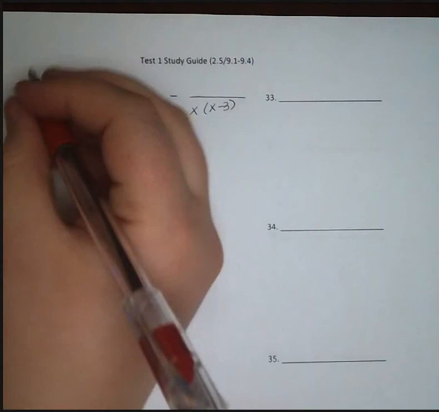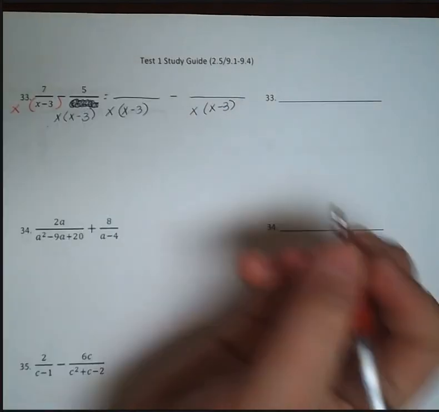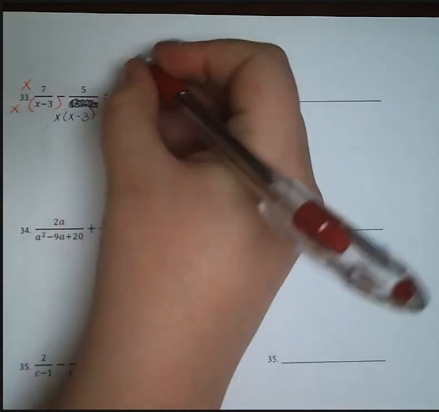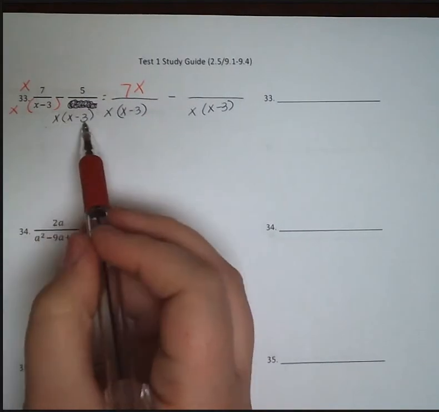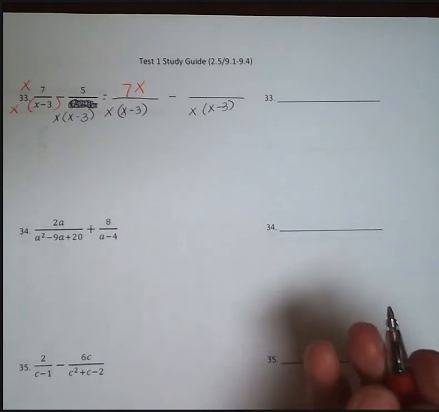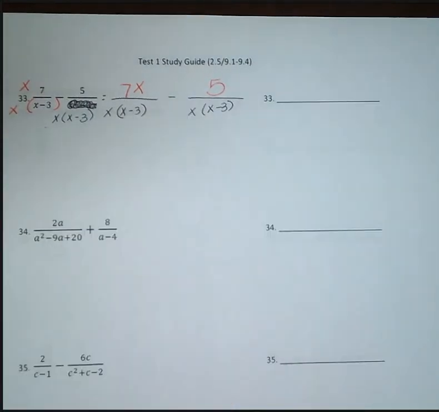So in your first fraction, we're missing an x. What we do to the bottom, we do to the top, so our new numerator is going to be 7x. Then, if we have an x times x minus 3 and x times x minus 3, we already have a common denominator, so we don't have to change anything here. We're just going to bring that 5 over.